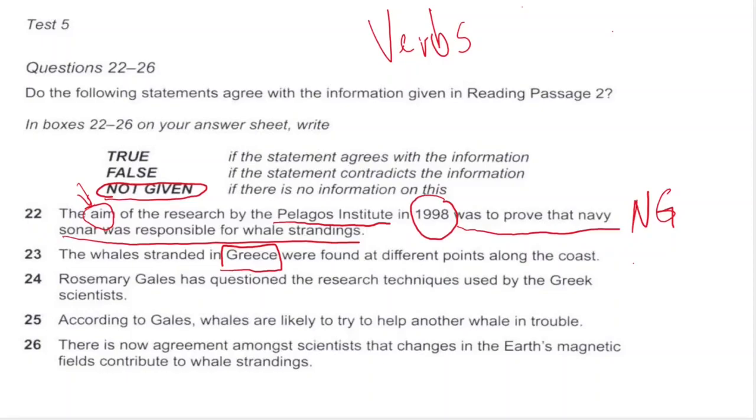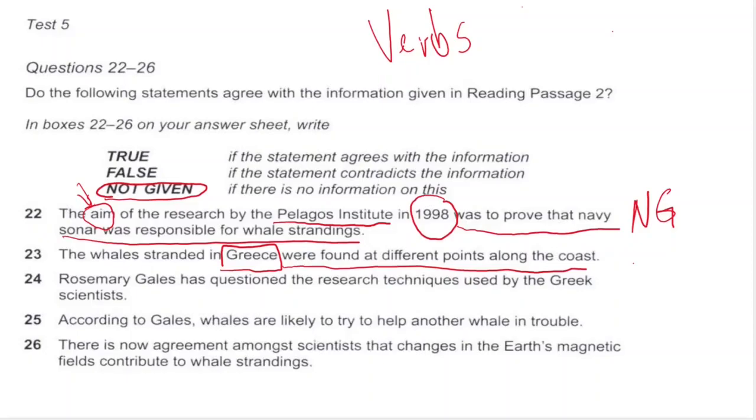So the whales stranded in Greece were found at different points along the coast. This is the information we need to find. They were found at different points along the coast, and this happened in Greece.